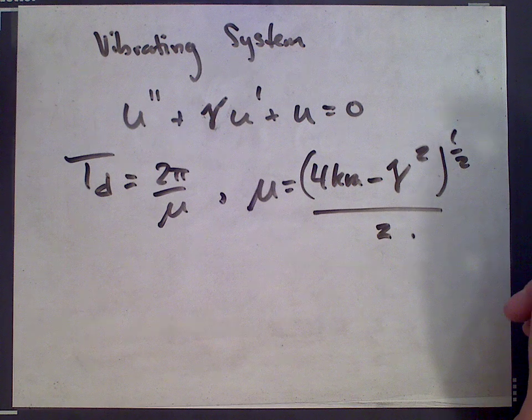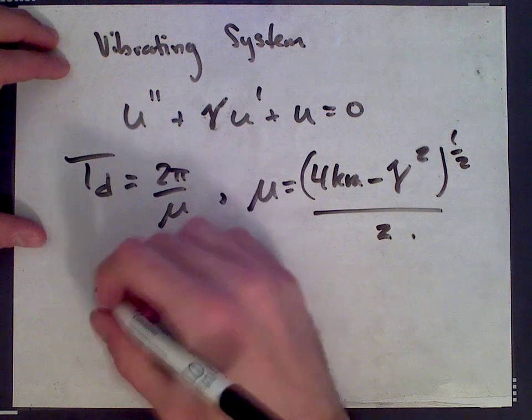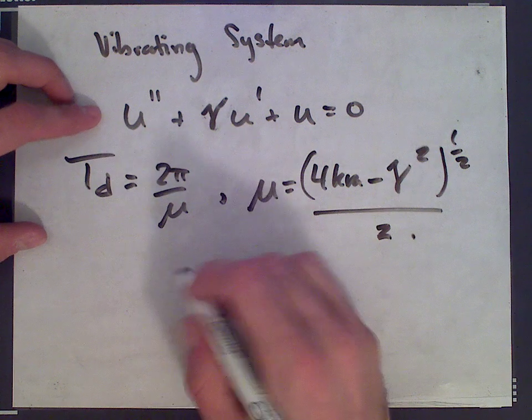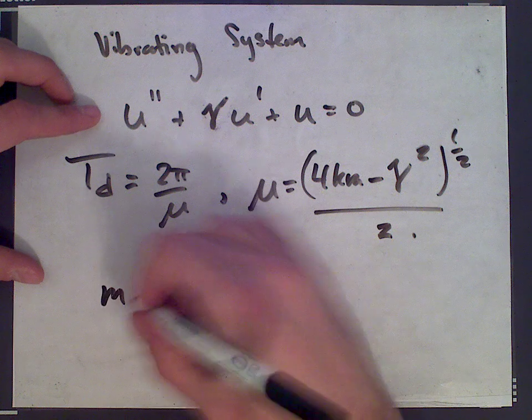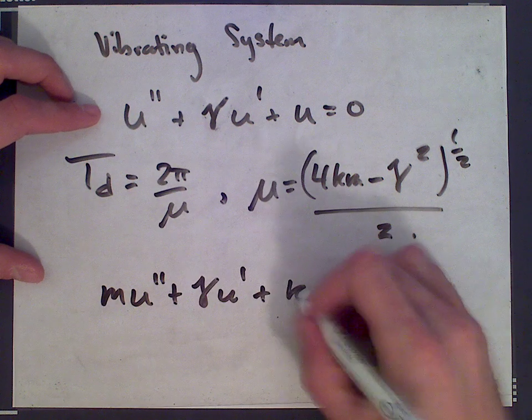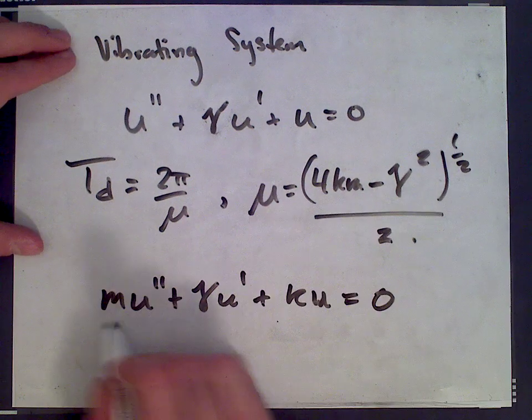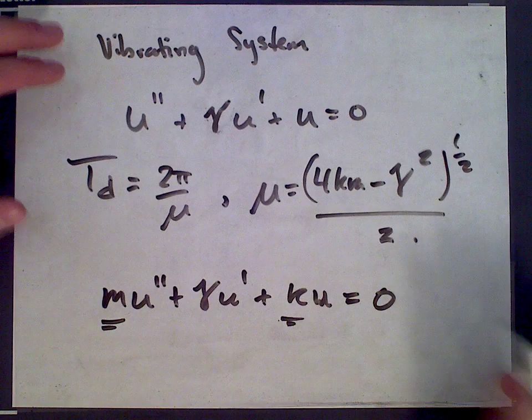The more general system is the following: m u double prime plus gamma u prime plus k u is 0. For us, m and k are both 1.